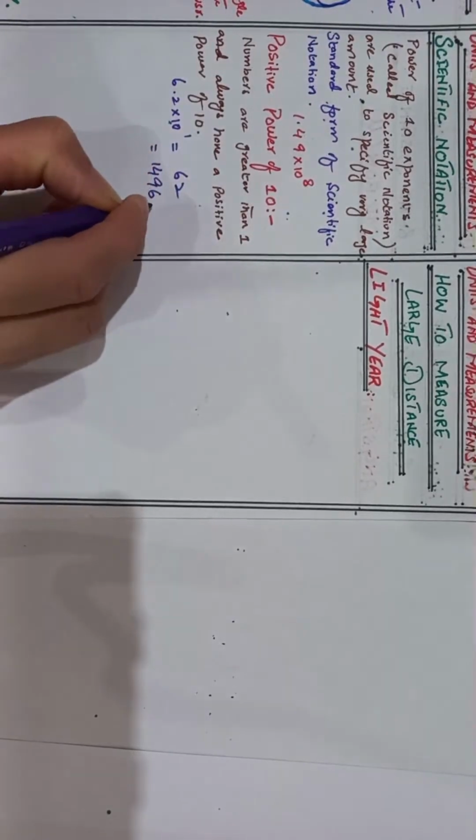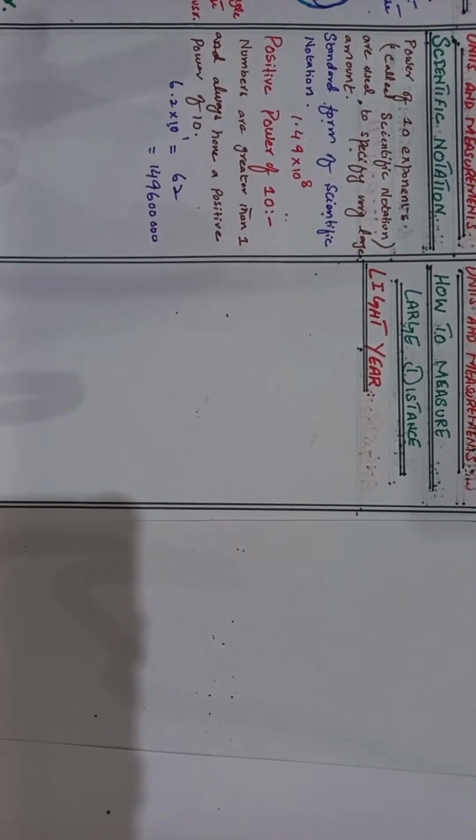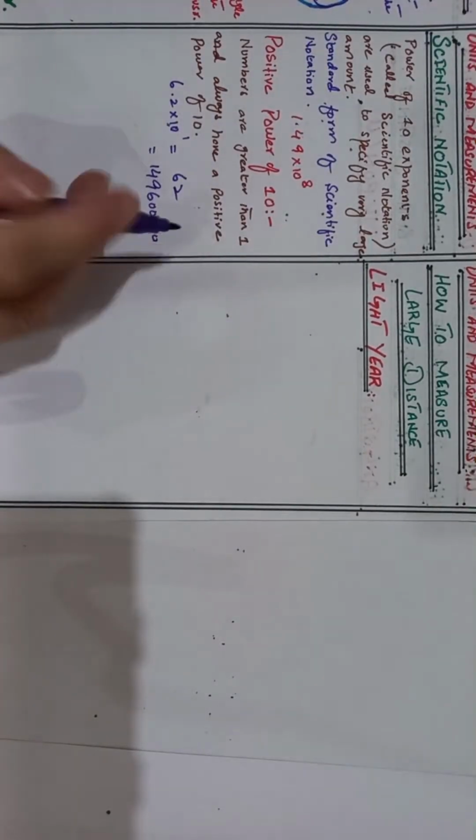The power is positive. Here we take another value, 149600000. Now we write it in the form of power, and its power is positive because its value is greater than 1.